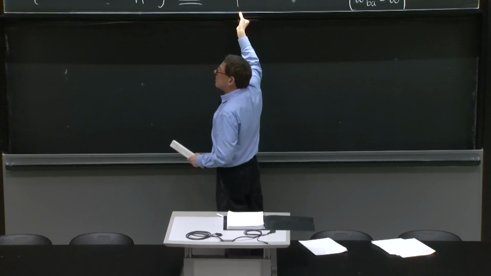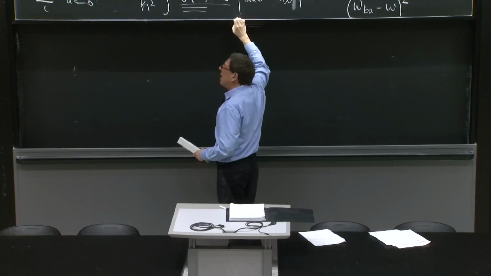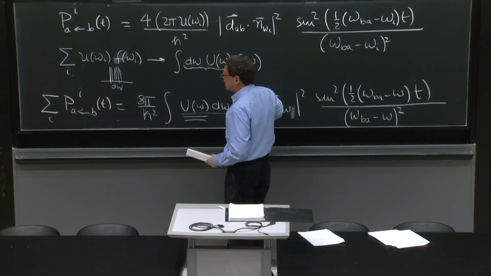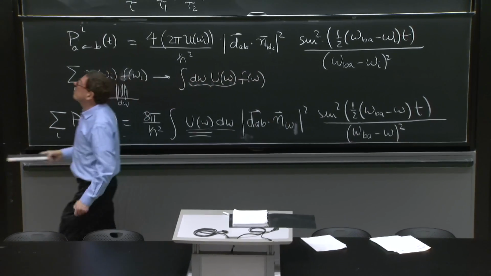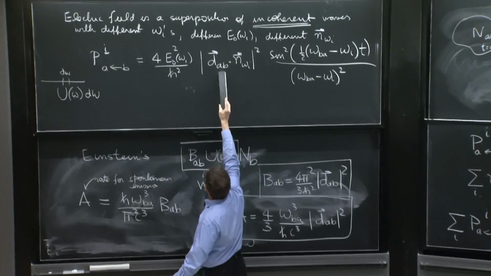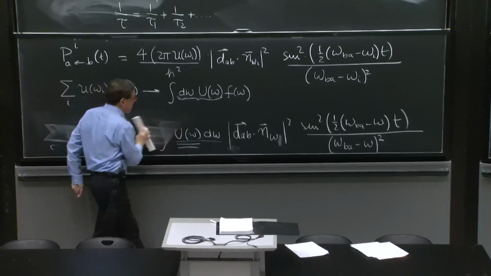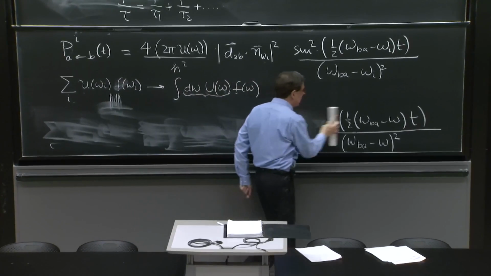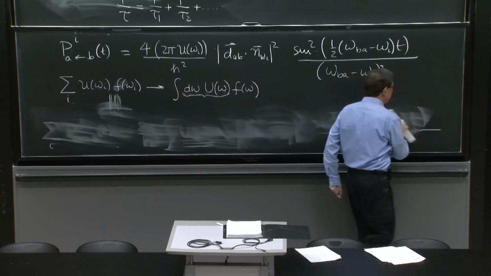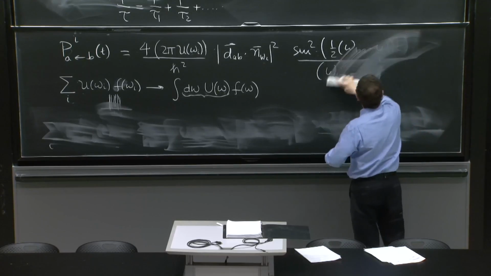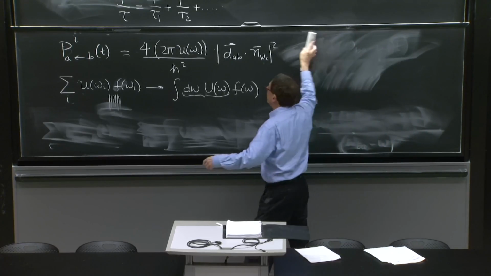Well, what is the only thing we haven't quite done is compute these matrix elements of the dipole operator. You see, everything else that could be done was done. We integrated over the incoherent radiation. We found the Fermi golden rule.